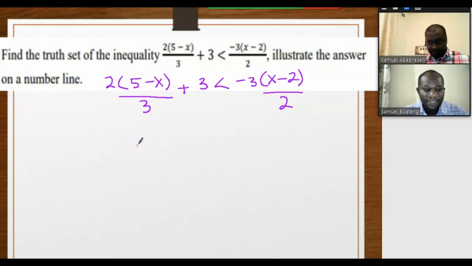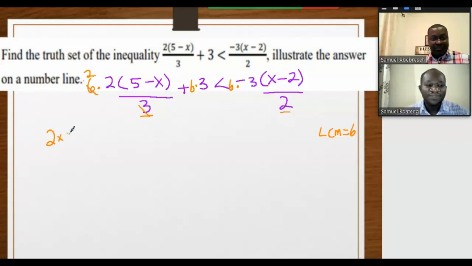Okay, so we need to find the LCM. LCM of 3 and 2 will be 6. So as we have been doing, you multiply each term by 6. So on the left-hand side, 6 times, and then the right-hand side, multiply it by 6. The next step, 3 will go into 6, 2.